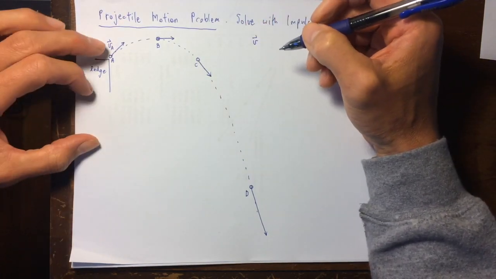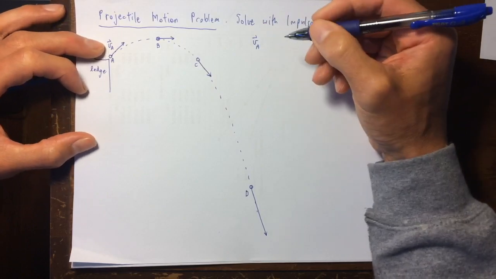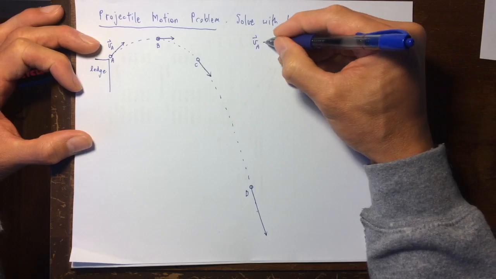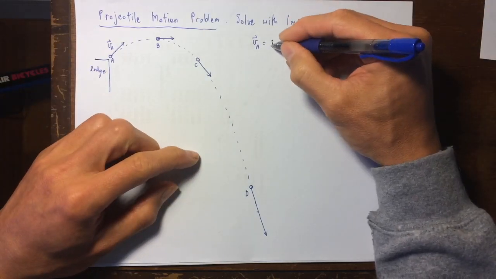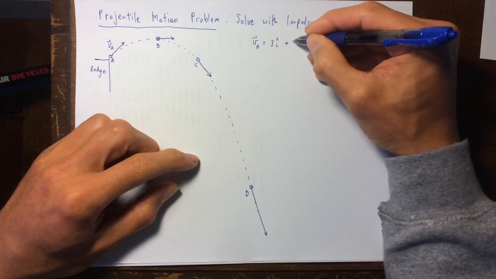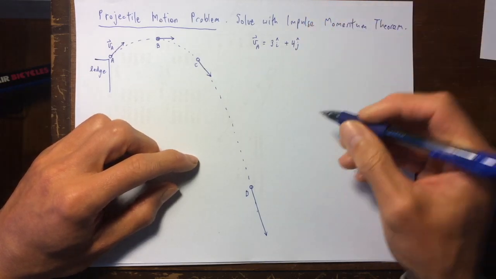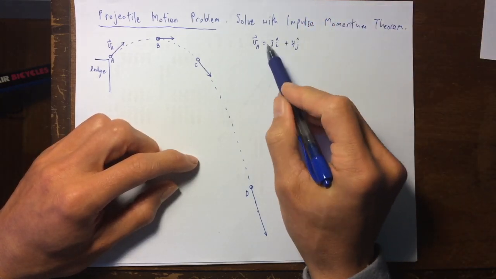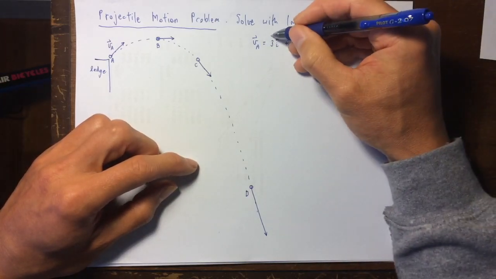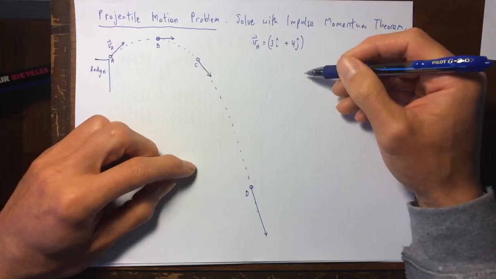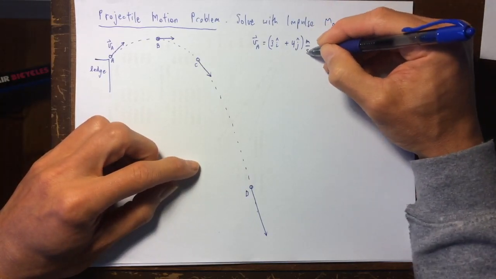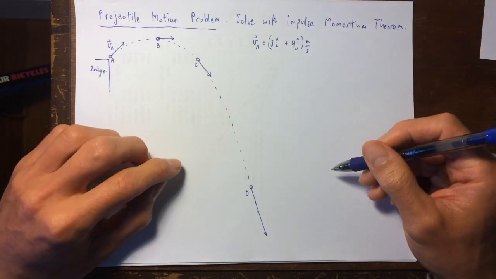It's common in these problems to specify the initial condition. So this is the initial value of the velocity. I just made it up. It doesn't really matter what it is. It's 3i hat plus 4j hat. In and of itself, this is a vector that has no physical units. But because the units need to be the units of velocity, and we're in SI world, let's use meters per second.